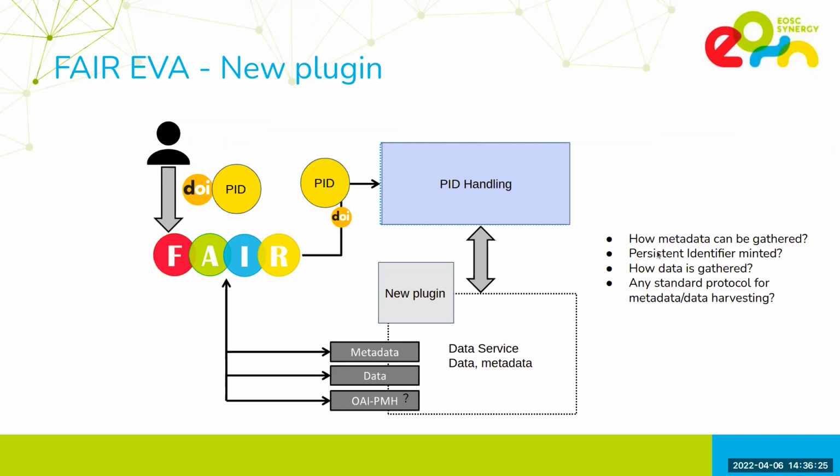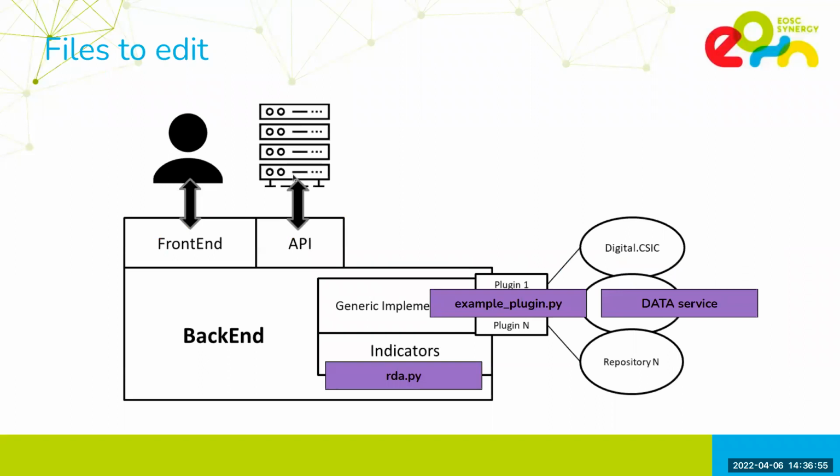You need to know if a persistent identifier can be minted within your environment. You need to know how the data is gathered, and if your repository or your data service includes any protocol, sorry, for metadata or for data harvesting, like OAI-PMH and API REST, etc. Okay, and those are the things that you need to know to develop a new plugin.